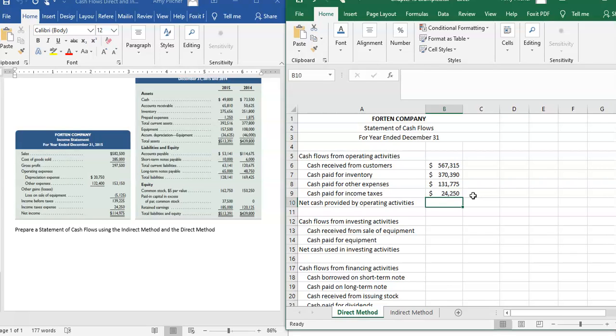Our net cash provided by operating activities is our cash received from customers minus the sum of the amount of cash paid out for all of our other expenses. So we have cash provided by operating activities of $40,900.